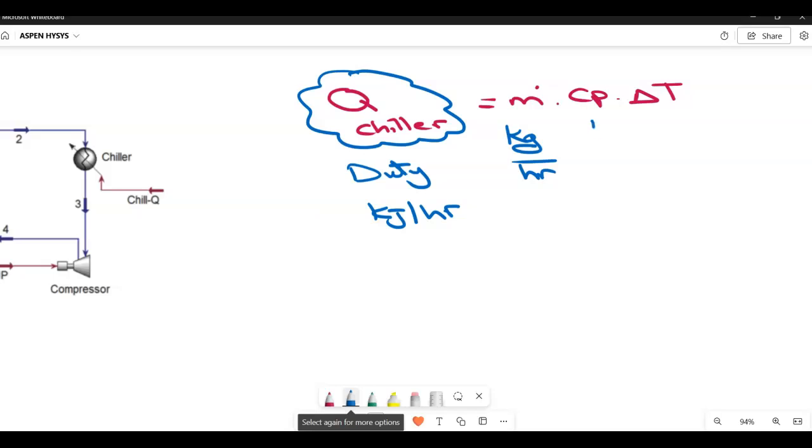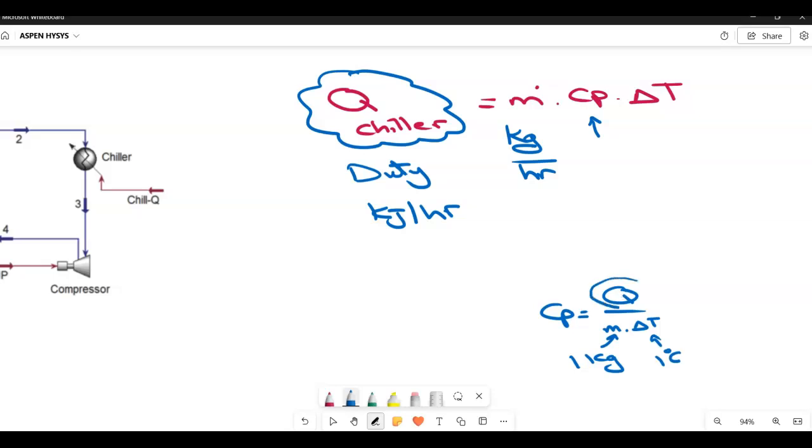So here, this one is the specific heat, and the specific heat is, okay, how to describe it? This is the amount of heat required to raise the temperature of a unit mass by 1 degree Celsius. So the Cp will be our Q for unit mass and unit delta T. So if this one is 1 kilogram, this one is 1 degree Celsius, and the amount of heat here is our specific heat.